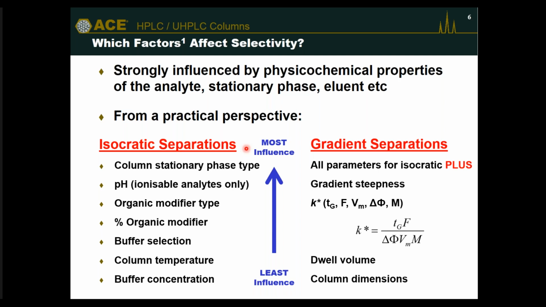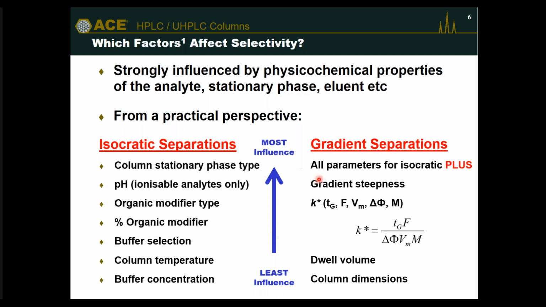For gradient separations, on the right-hand side of the slide, you can see that the parameters on the left are also important, but we've got some specific parameters for gradient elution chromatography. We have the steepness of the gradients, we have k star, which is the apparent retention in gradient chromatography, according to this simple equation, where we have tG, gradient time, F, flow rate.